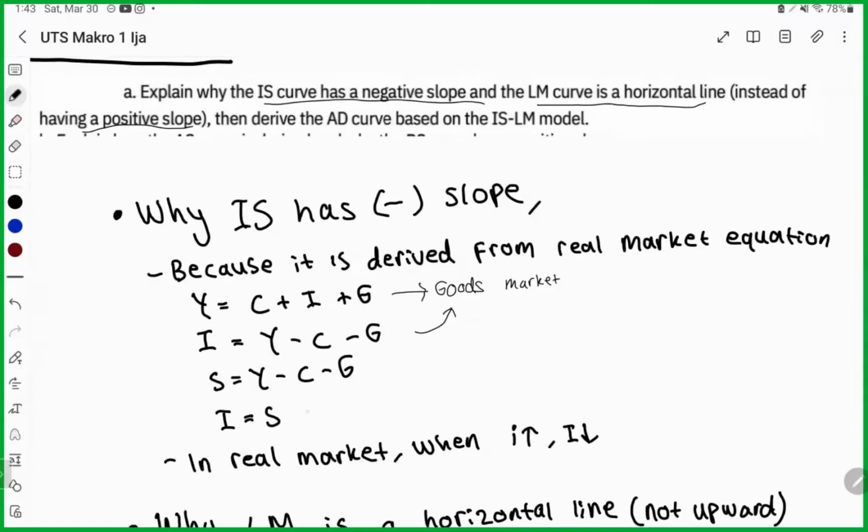This is the IS market equilibrium. From here, we know that in the goods market, or real market, when the interest rate increases, investment decreases. This is because there is an increase in the opportunity cost of investing. Because of this relationship, the slope of IS is negative.